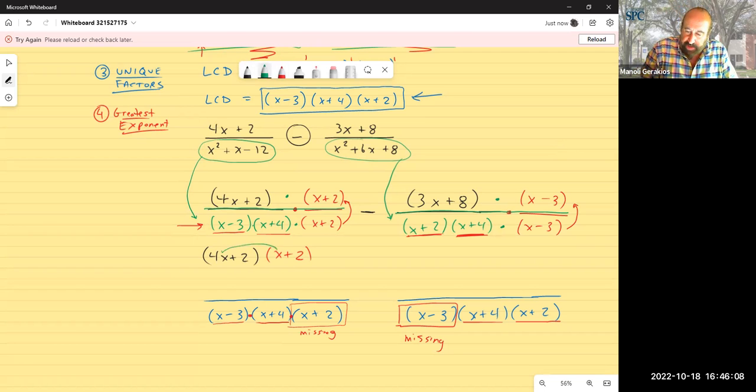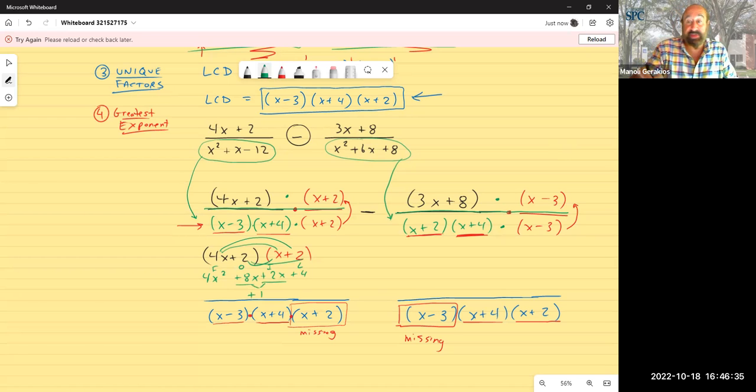So I'm going to use FOIL. F in FOIL is 4x squared. The O in FOIL is positive 8x. The I in FOIL is positive 2x. And the L in FOIL is positive 4. O and I are like terms. They're going to add up to positive 10.